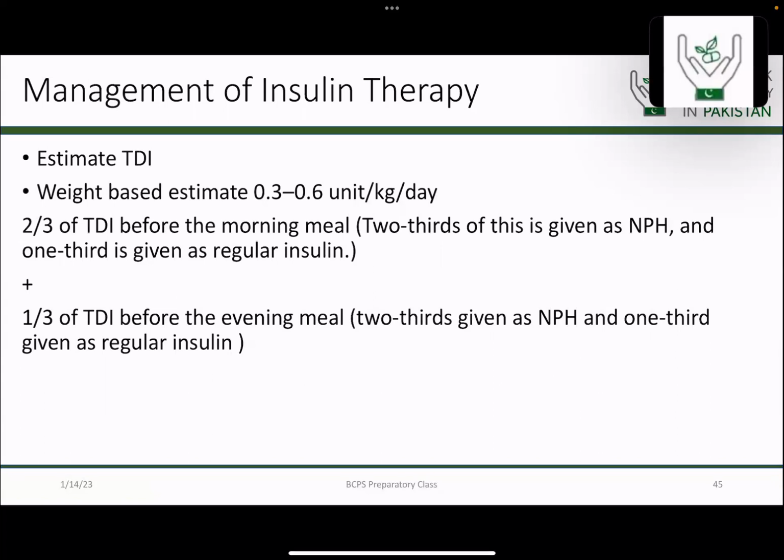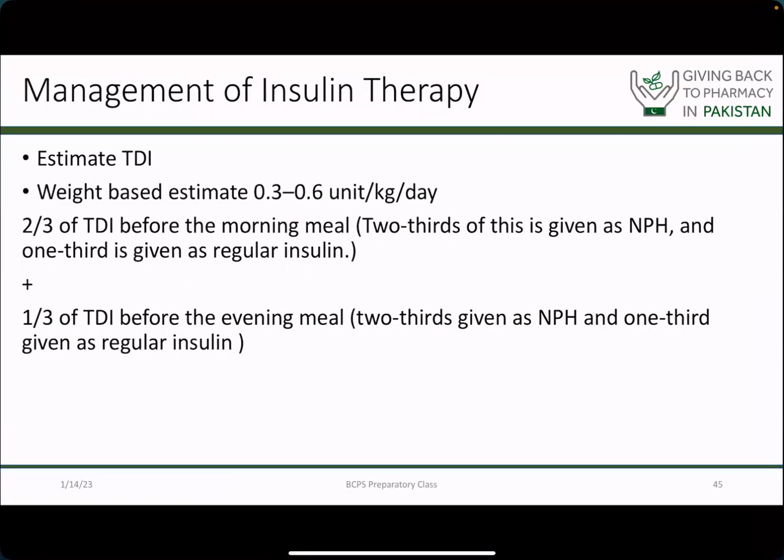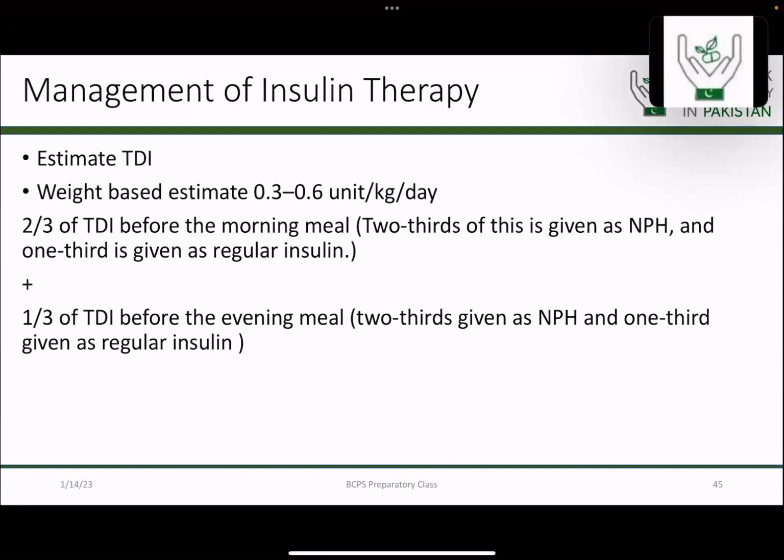And one of the ways to manage insulin therapy is that 2/3 of this insulin would be administered before the morning meal, and 1/3 of this total daily insulin before the evening meal.